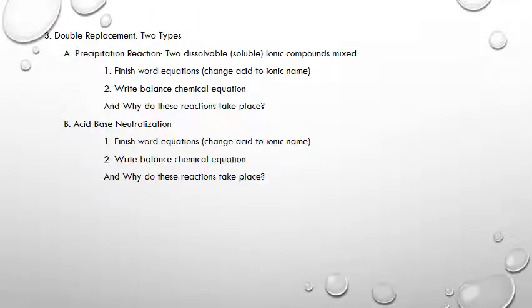And finally, with double replacement reactions, there are two types. There's precipitation reactions. We take two substances that have been dissolved in water and are solutions, and you mix them and you form a precipitate.